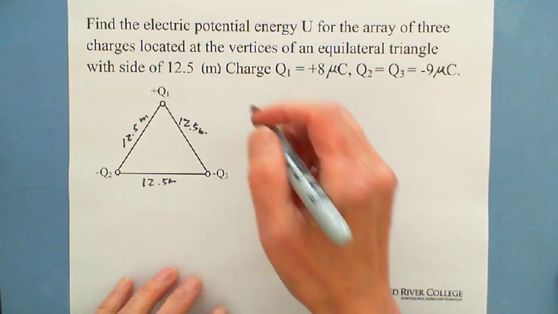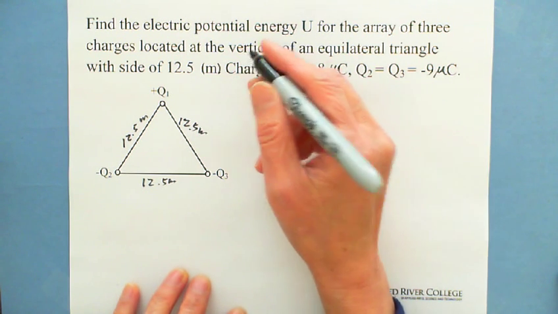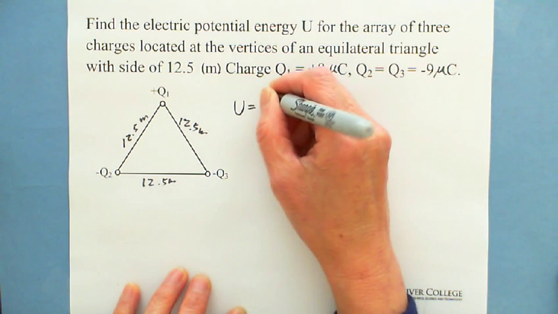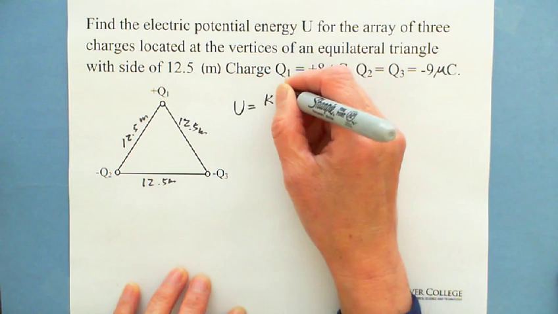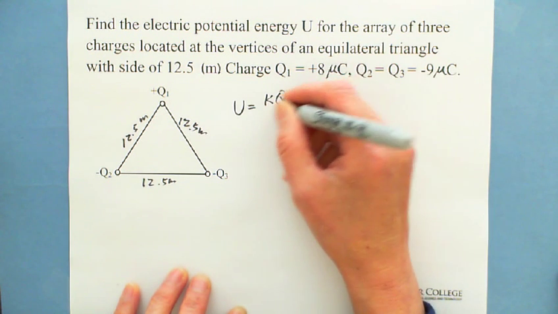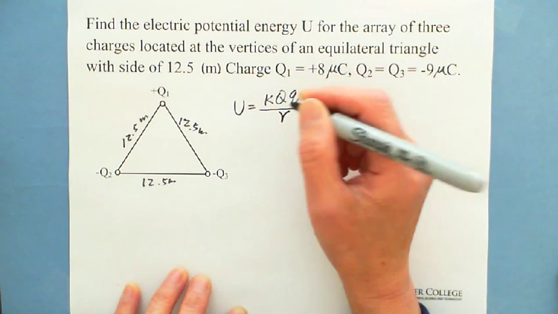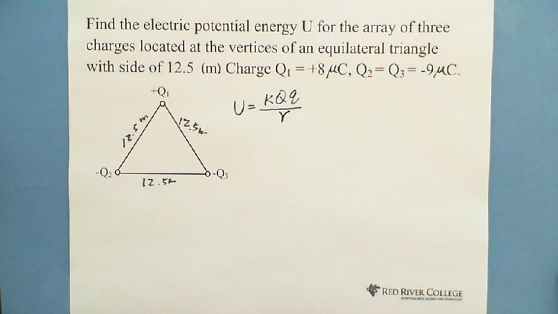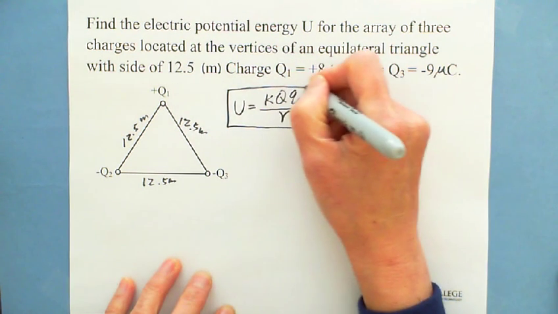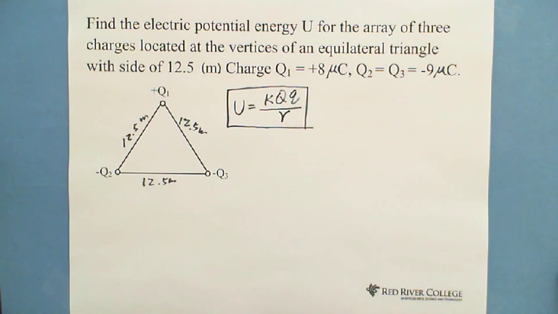The formula, as we know, for point charges, the electric potential energy is U equals K Q q over R, where Q and q are the two different charges, and R is the distance between these two charges. Applying this formula to this question, there are three pairs of charges.